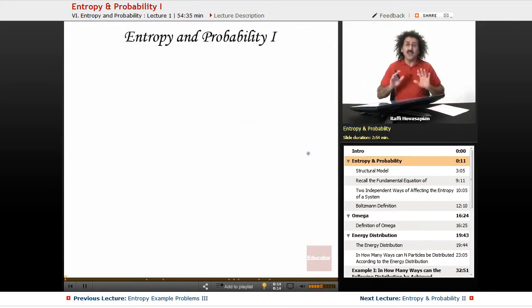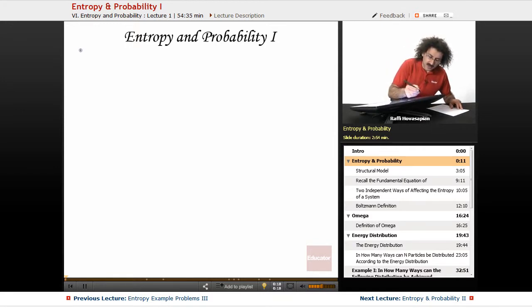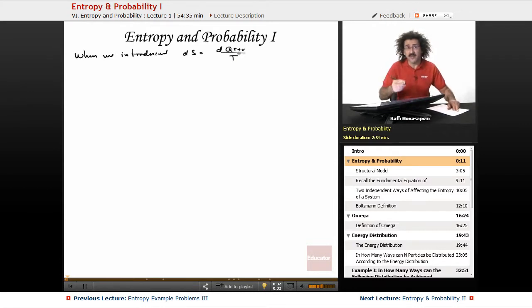Okay, so when we introduced that dS is equal to dq reversible over T, which was our definition of the differential element, essentially the definition of entropy, we didn't give a structural model.